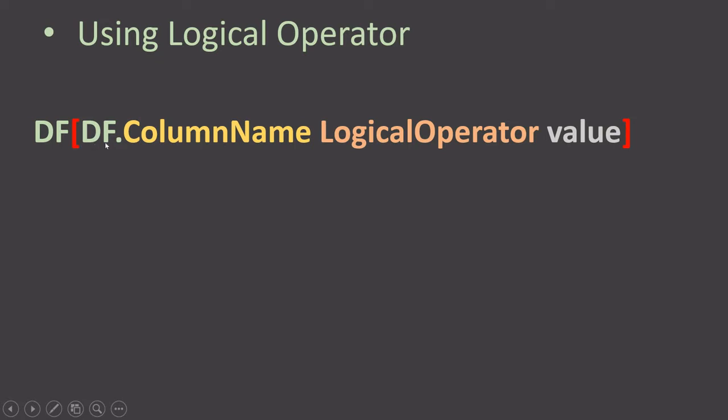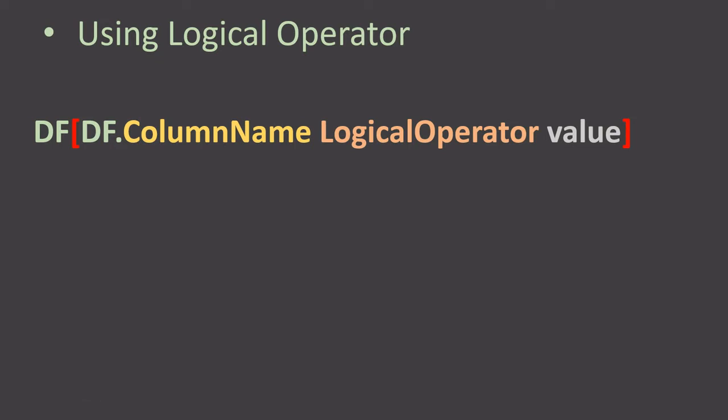Again, you give the data frame name followed by the dot. Then you put the column name in which you want to find the value, or the basis on which you want to filter the data. Then you use a logical operator, and then you provide the values.